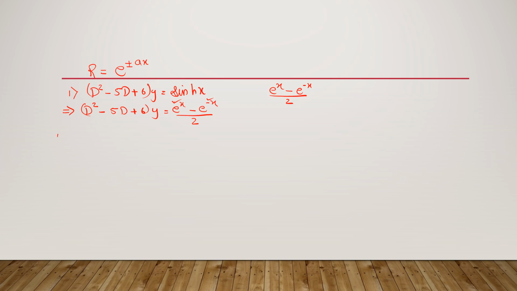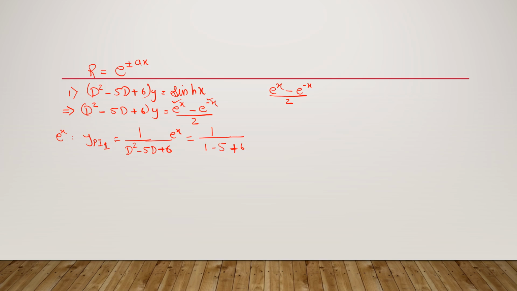Now I am calling the solution for e^x as ypi1. We know how to find the solution. It is given by 1 upon f(D), that is D² − 5D + 6, into e^x. Now substitute the value of a in place of D, then we find it is equal to 1 − 5 + 6.